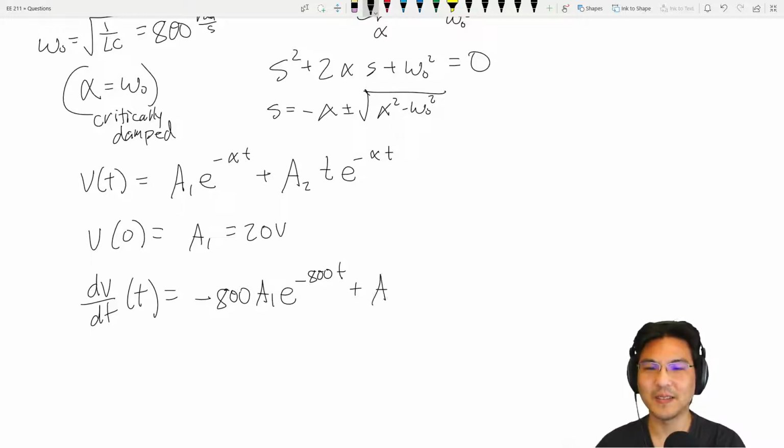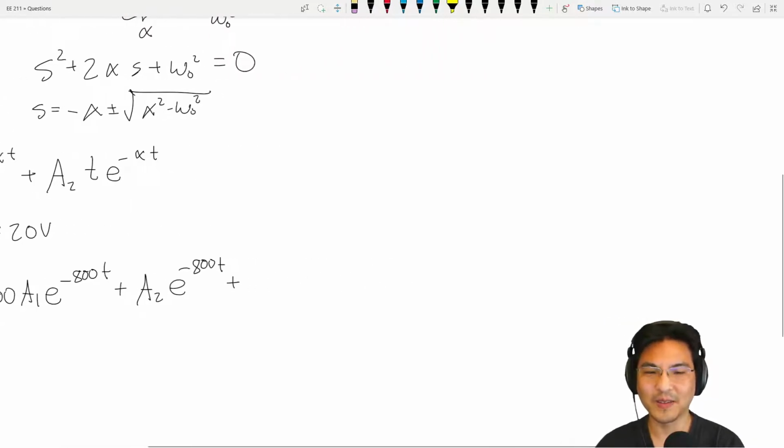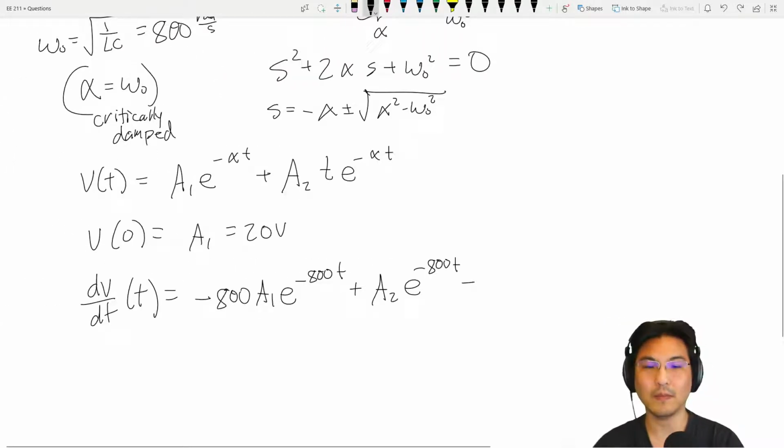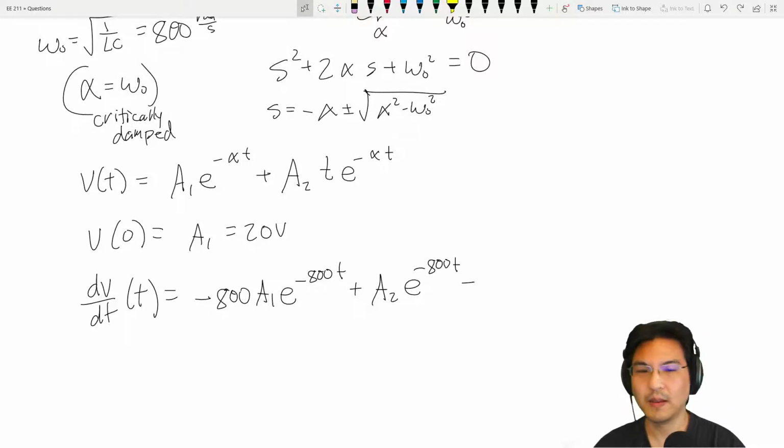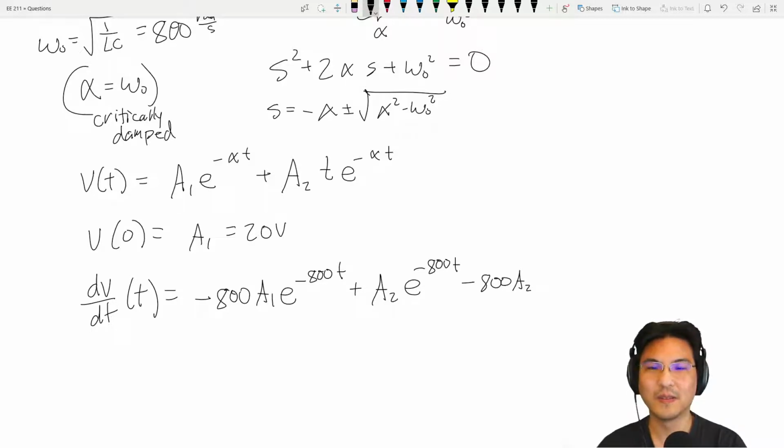A2 e to the minus 800t plus t times negative 800, so minus 800 A2 t e to the minus 800t.